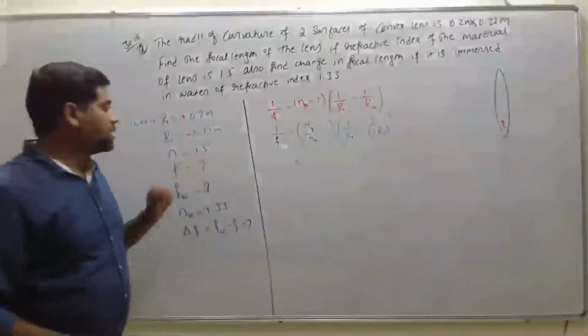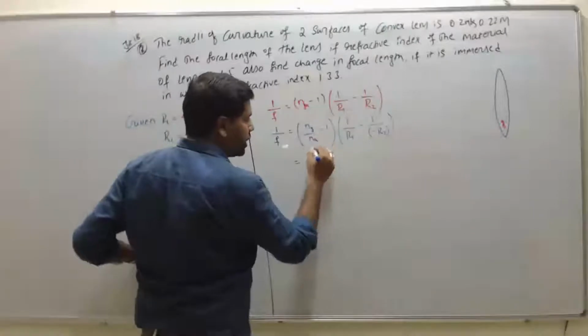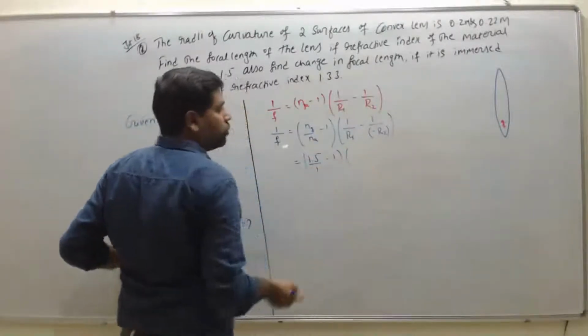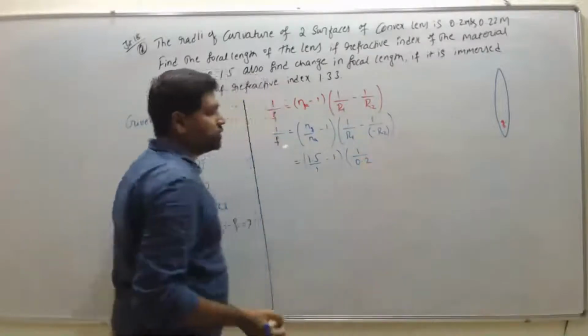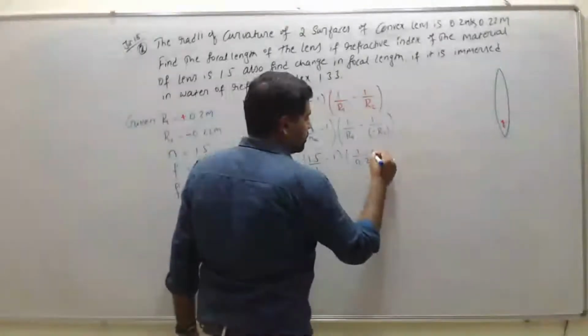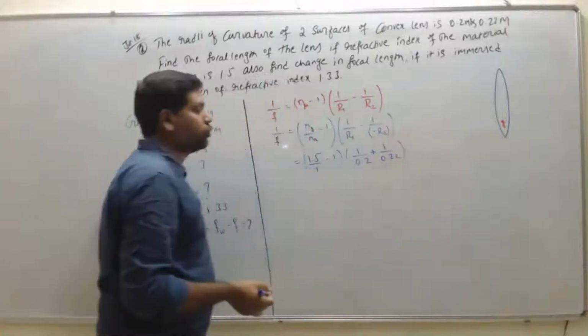Refractive index of glass medium is 1.5, refractive index of air medium is 1, minus 1, into 1 divided by R1, that is 1 divided by 0.2, minus into minus, it becomes plus 1 divided by 0.22.